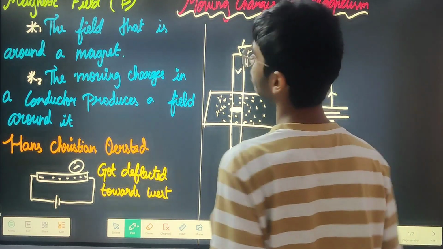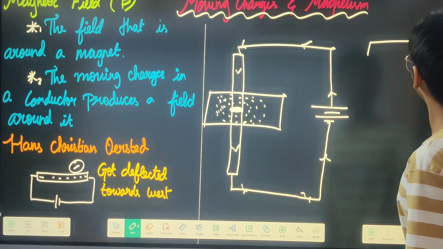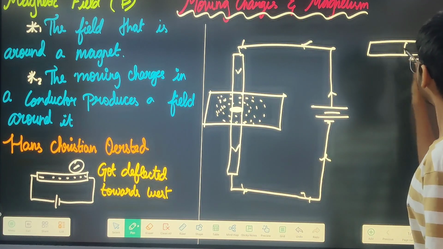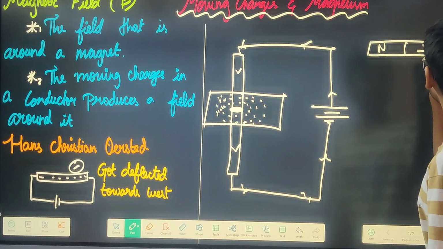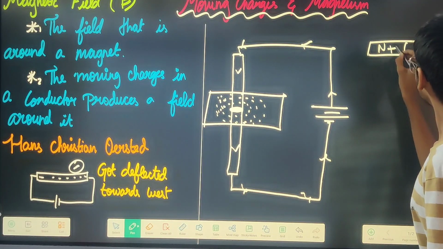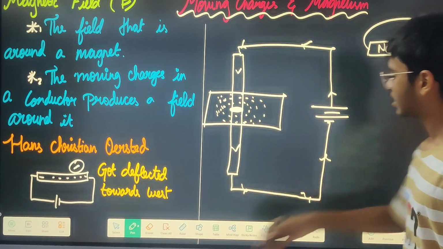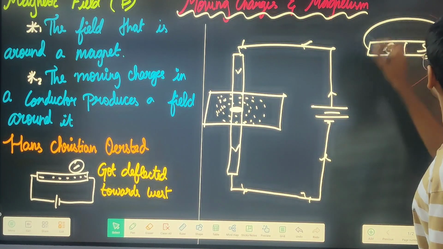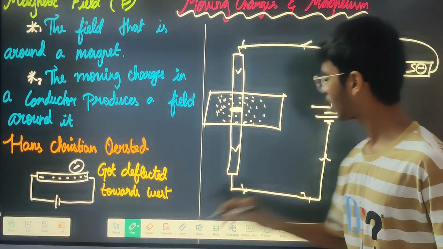The same thing was also observed with the magnet. If this is a magnet, if this is the north pole and this is the south pole, then the south pole is considered as negative and the north pole is considered as positive. All these magnetic fields are coming like this.